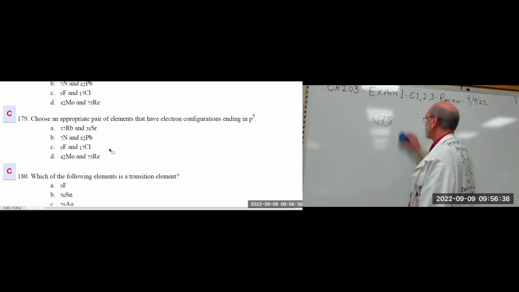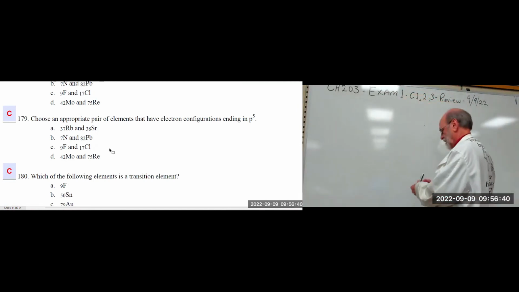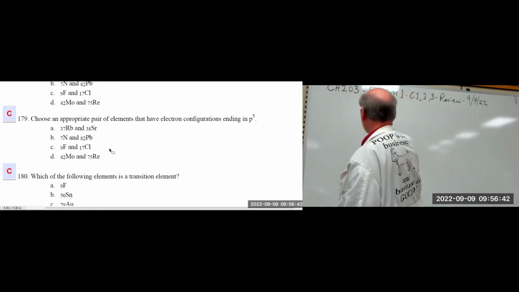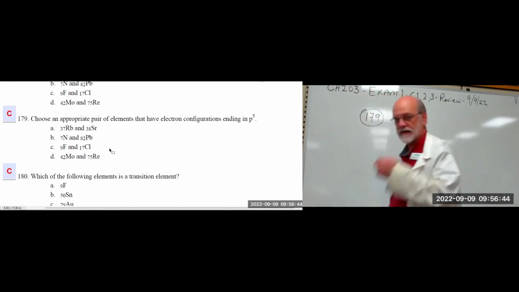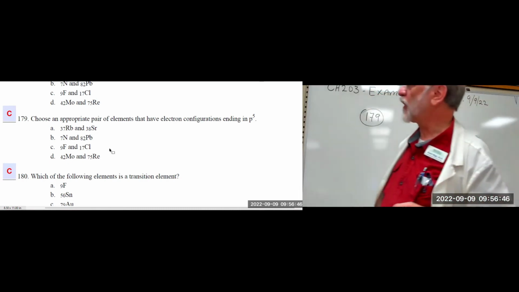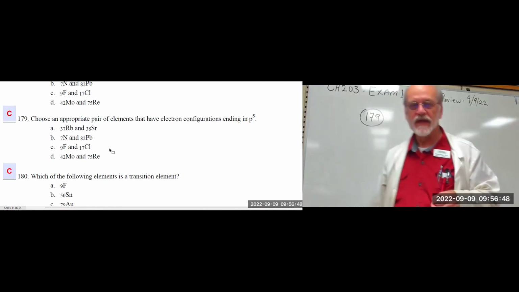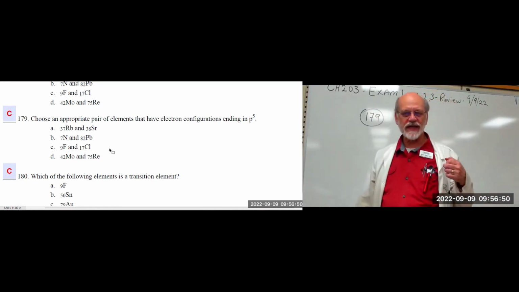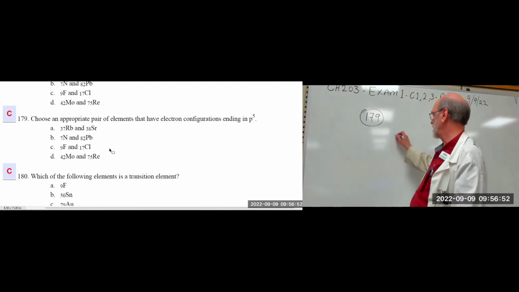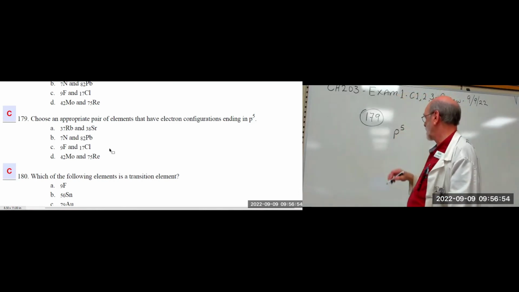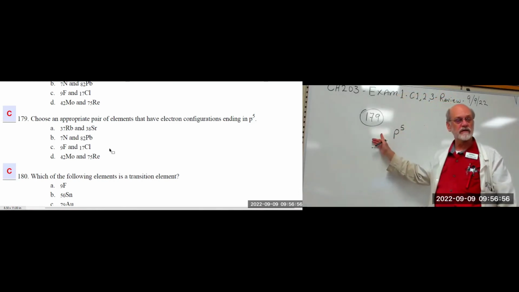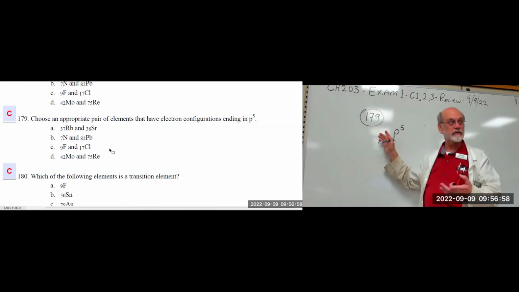179. Choose an appropriate pair of elements that have electronic configurations ending in p5. So it could be any number out here that allows for p orbitals, right?